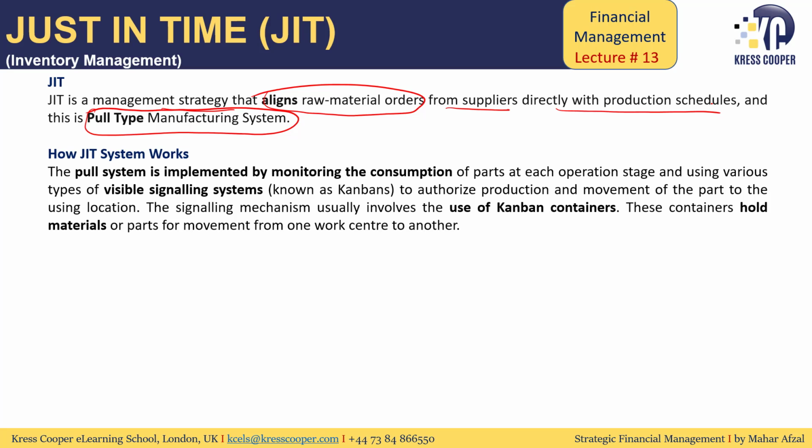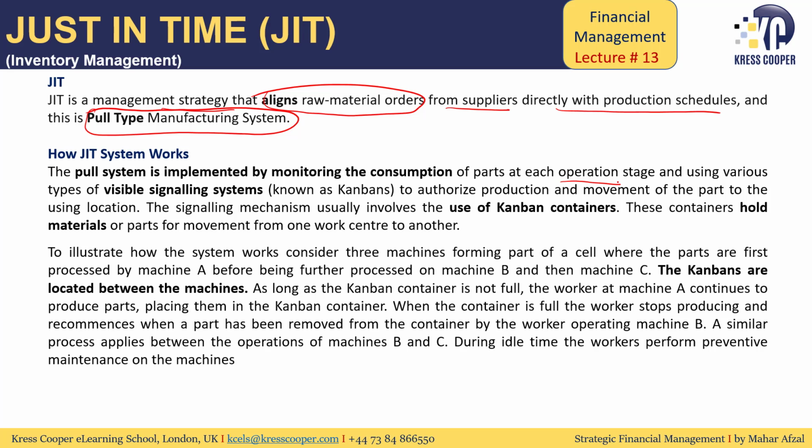Pull type is implemented by monitoring the consumption of parts at each stage. Basically, there are different stages, and between process 1 and process 2 there are containers. These containers are called Kanbans.